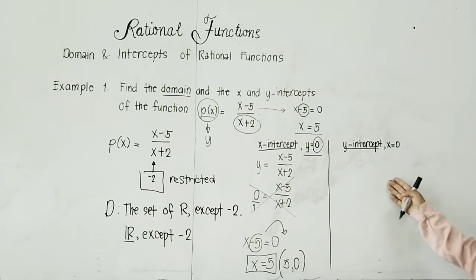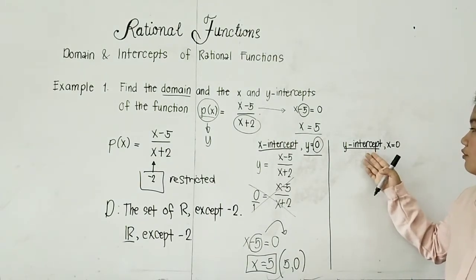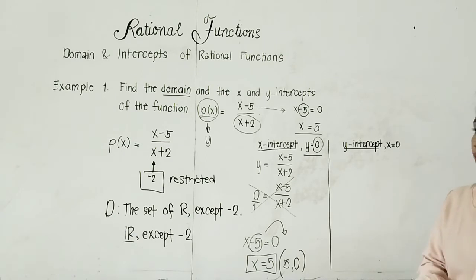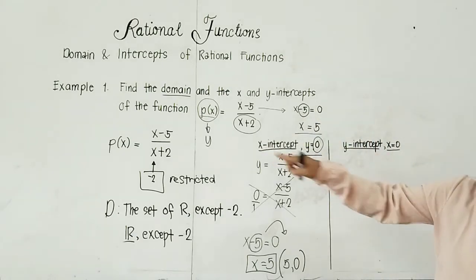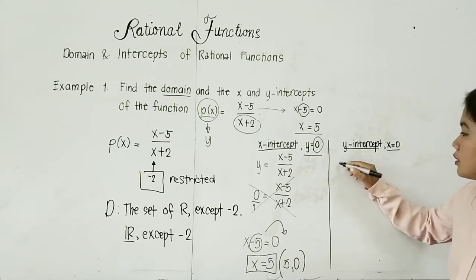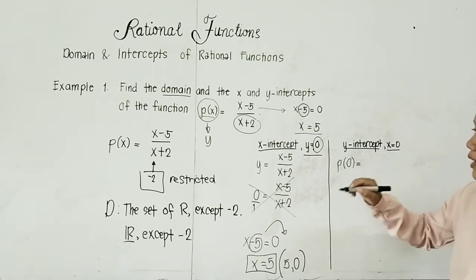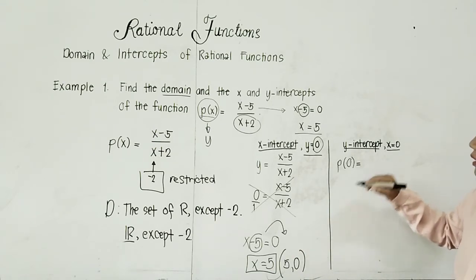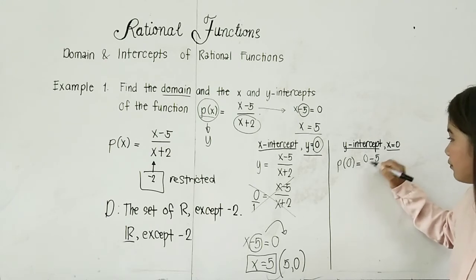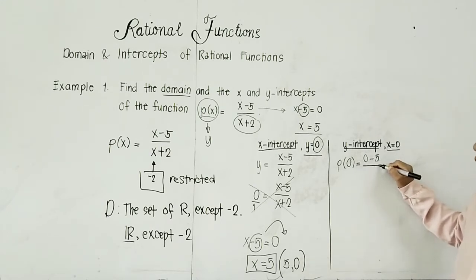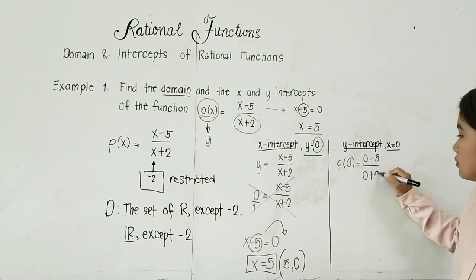Now let's have the y-intercept. So the y-intercept again is the value of y when x is equal to 0. So we will make the x of p of x 0. So what we will solve here is the p of 0. So in x minus 5, x will become 0. So 0 minus 5 over x plus 2, x will become 0, therefore 0 plus 2.